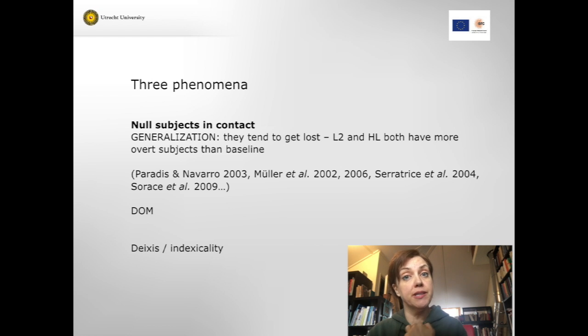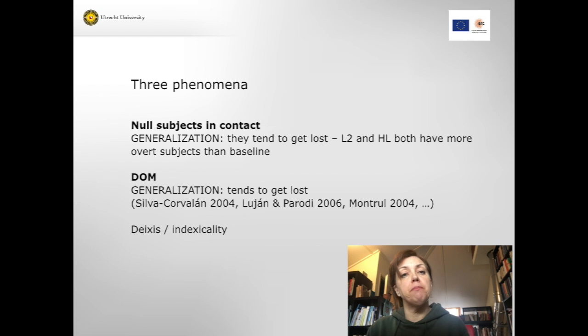This has also, interestingly, been reported for speakers of null subject languages in contact by Sorace and others in 2009. Basically, the tendency is to insert more overt material than monolingual speakers would use, and in pragmatically odd contexts.